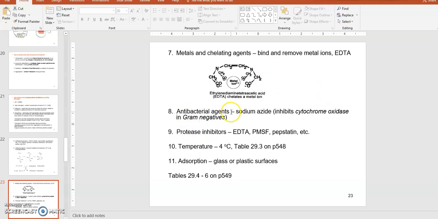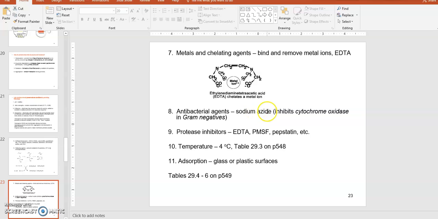And the antibacterial agents. Any kind of solution, if you keep the solution a long time at room temperature or fridge, wherever, there's a tendency that some bioburden or bacterial cells can grow in that solution. To prevent that from happening, you need to add preservatives like sodium azide and things like that.